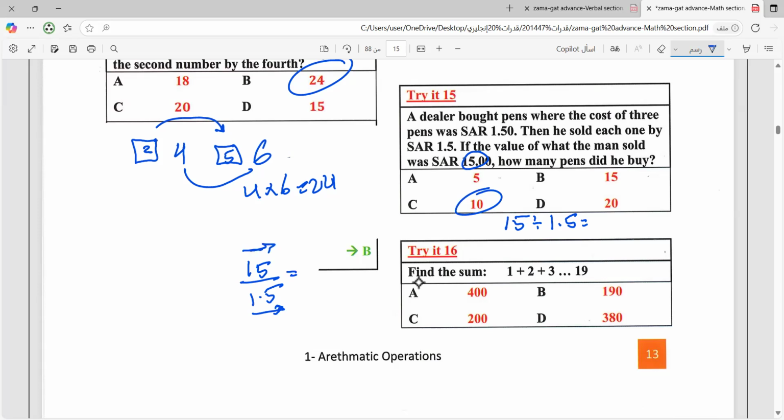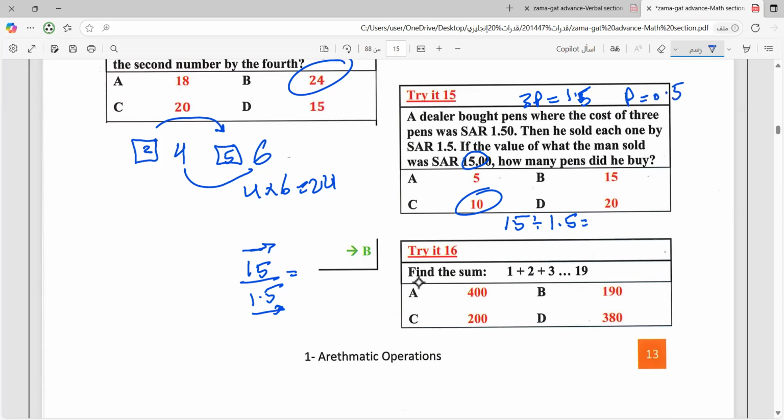Here, a dealer bought 3 pens for 1.5, so 1 pen equals 0.5.